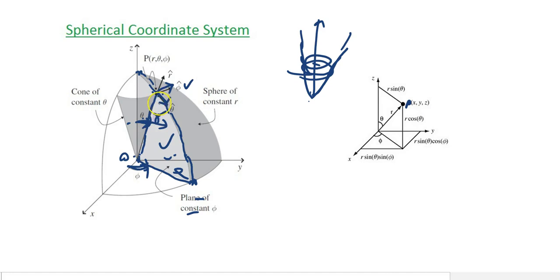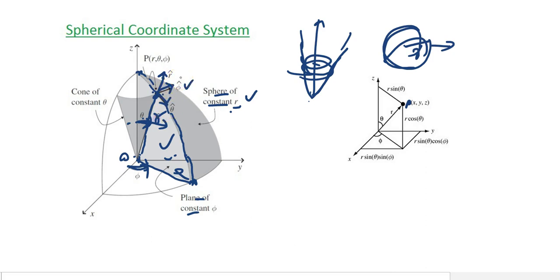For constant r, all others varying, it is a sphere of constant radius. Because in the spherical coordinate system, when you have r constant, all around moves, because all other things are varying, so it is a sphere, and the unit vector outward from these spheres will be ar. So ar, a theta, a phi are mutually perpendicular.